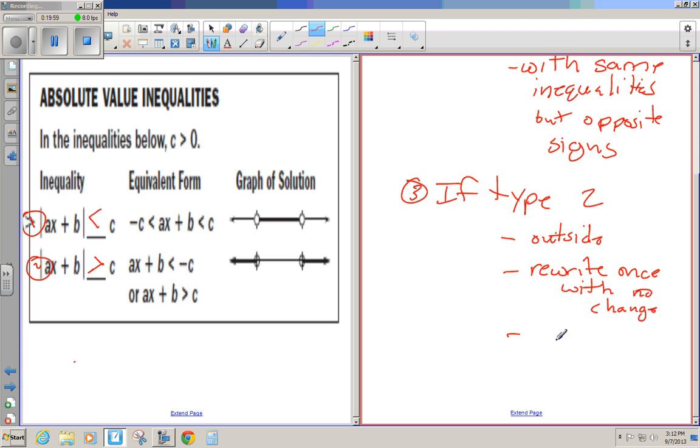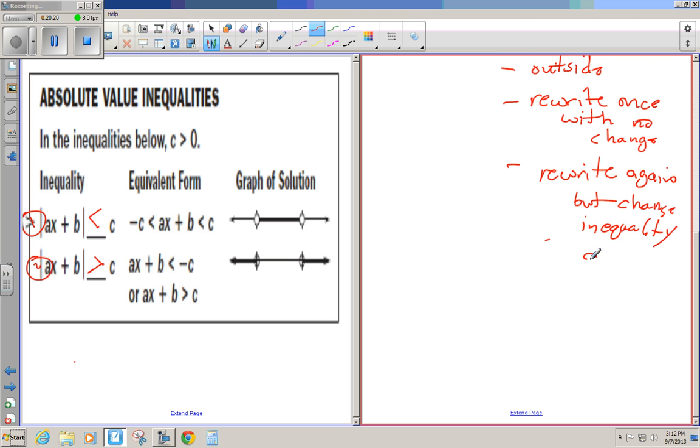And then you rewrite again, but you change the inequality and the sign.